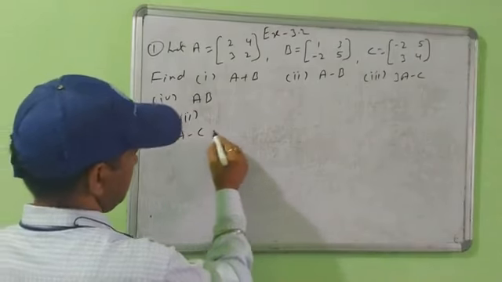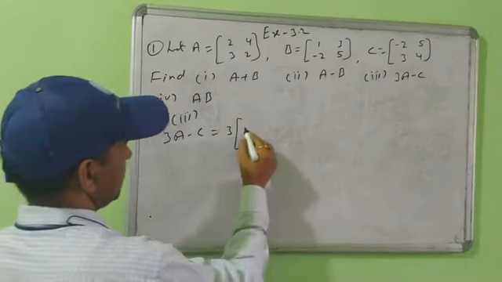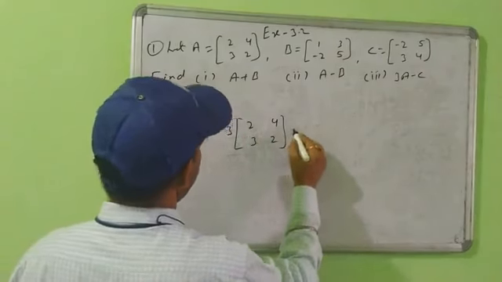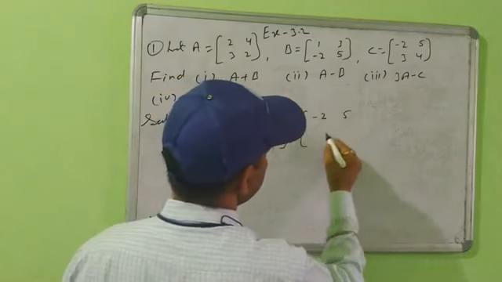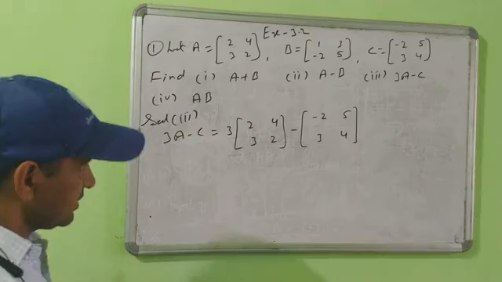3A minus C. First of all, you will write 3 and matrix A, 2, 4, 3, 2, and minus C matrix, minus 2, 3, 4. How to subtract it?